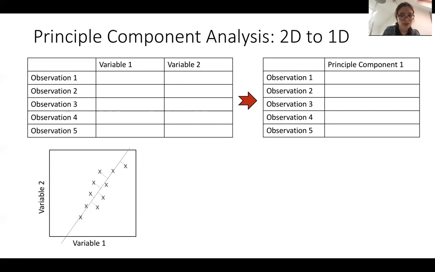First, what we can do is we can draw a line of best fit. In this case, it's different from the line of best fit that we learned about in the previous section, because in this case, we want to minimize the square distance between these points and the line. So as you recall, in normal linear regression, we consider the residual, which is a vertical line. But here we have a line that's just orthogonal to the line of best fit.